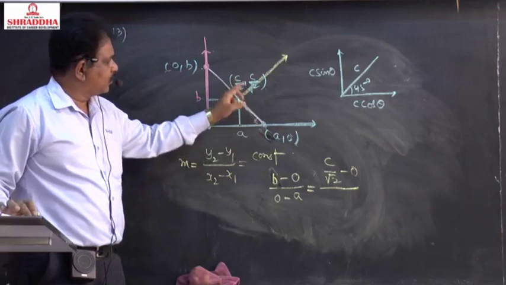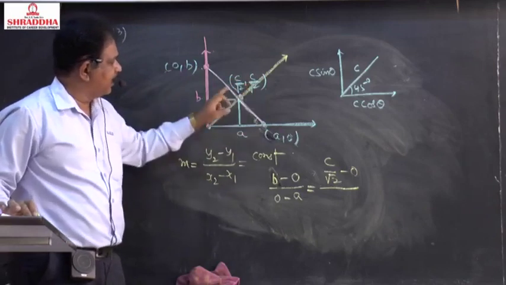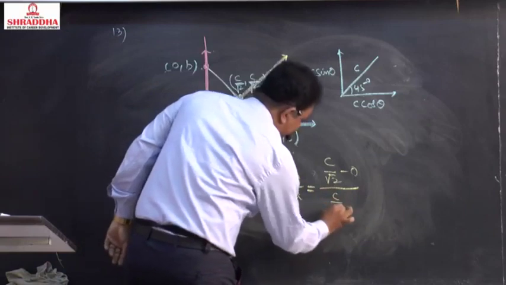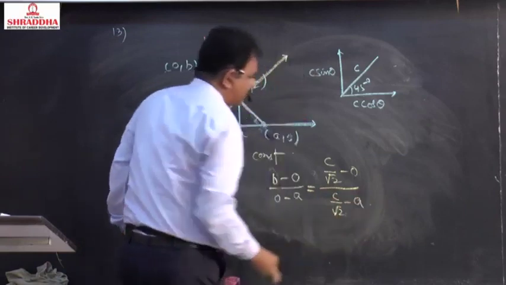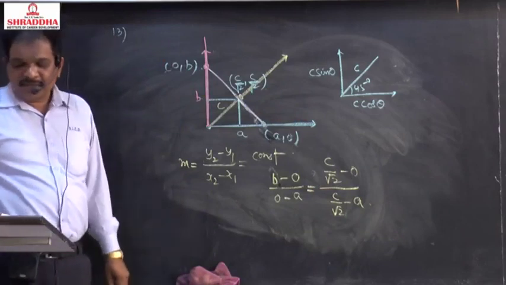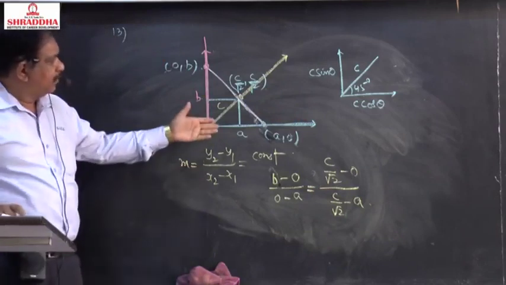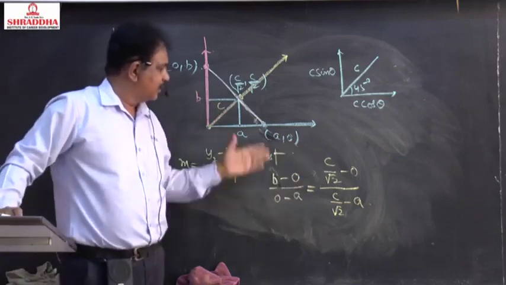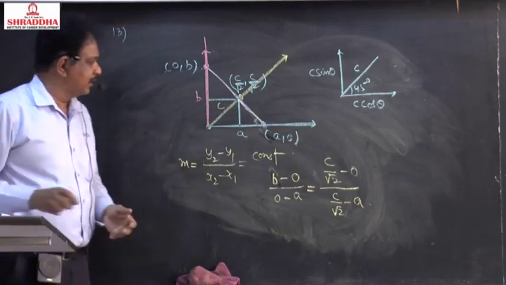Between the other two, c by root 2 minus 0 divided by c by root 2 minus a. Is it clear? Then by equating this and this, we will get the answer.